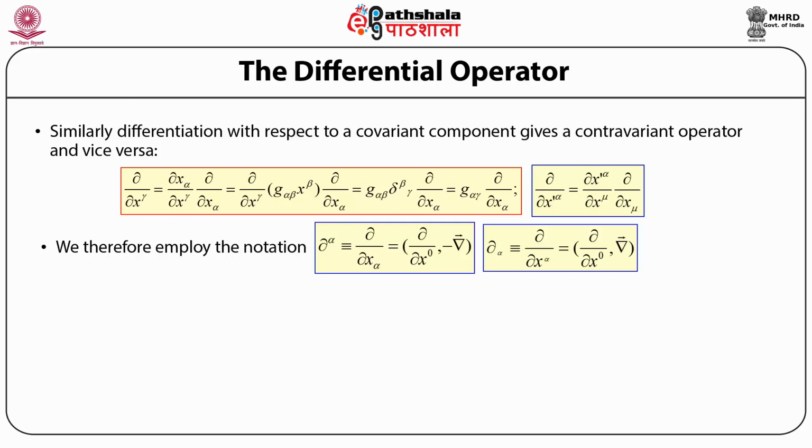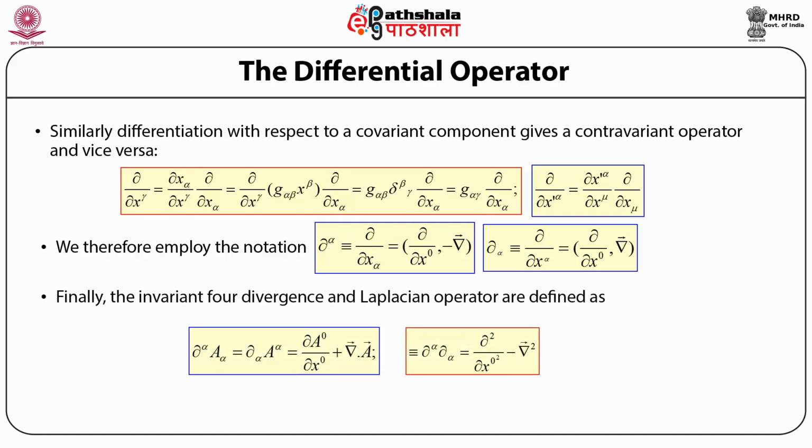So this is the contravariant del operator which is actually defined in terms of the covariant vector. Similarly, the covariant del operator del subscript alpha is equivalent to del by del x superscript alpha, and this is equal to del by del x superscript 0 and the del operator vector.